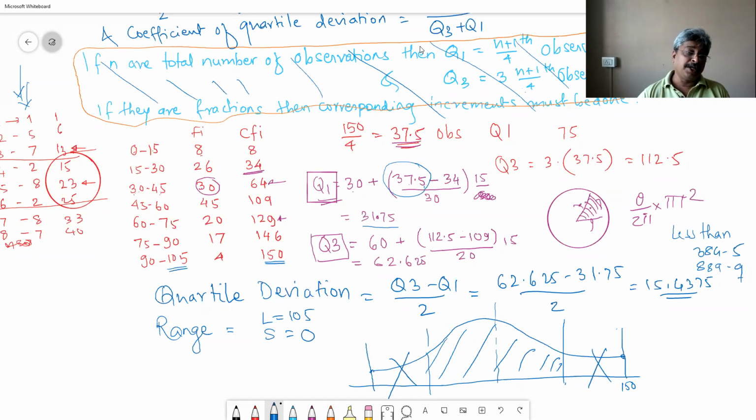These 30 observations are uniformly distributed between 30 to 45. Uniform distribution of 30 objects. And now you want to find out what is the number 37.5. So it is a section formula. How many here and how many here? So it is 7.5 ahead of 30.